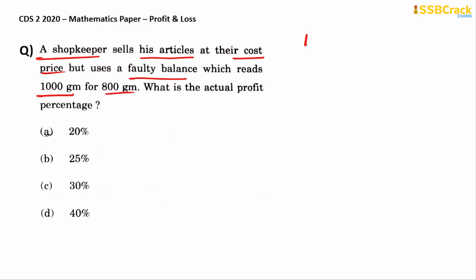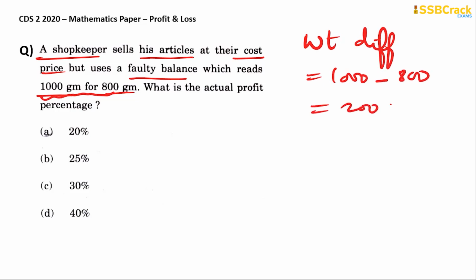So he is obviously getting a profit, and that profit is because of the weight, right? And what is that weight difference? The weight difference is 1000 grams minus 800 grams, so 200 grams, right? So for every selling of 800 grams, he is earning 200 grams because he is using the faulty weight.